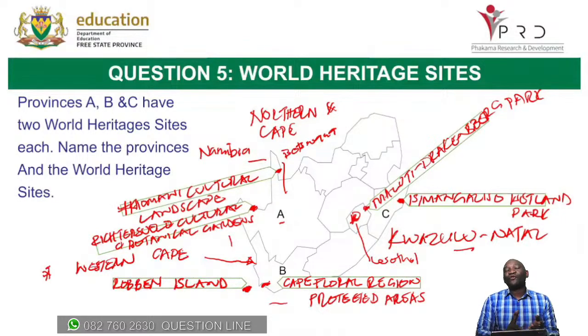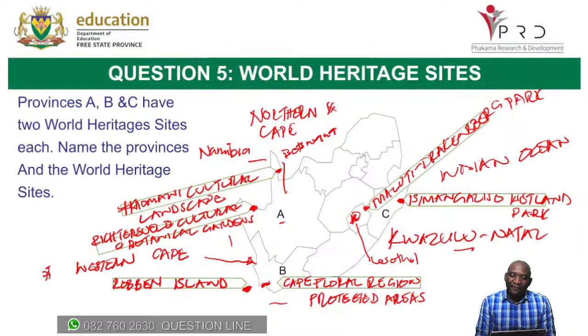And then we've actually used this particular map to identify the location of these World Heritage Sites. We started with KZN and we said that the World Heritage Site that is closer to Lesotho is Maluti Drakensberg because it's closer to the mountains.